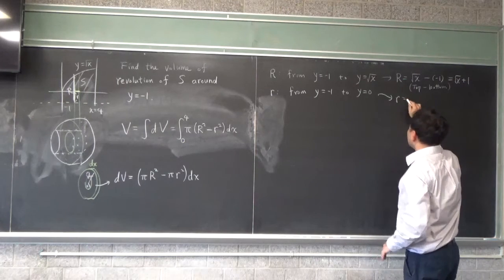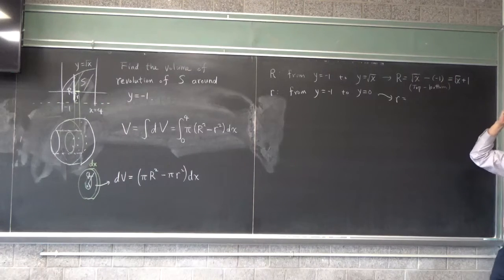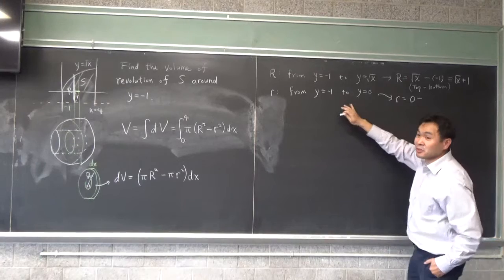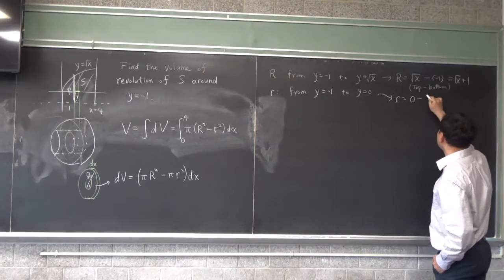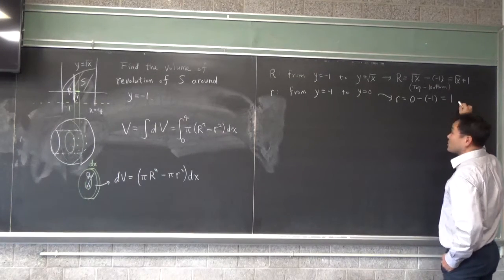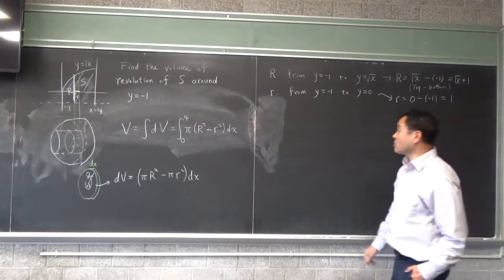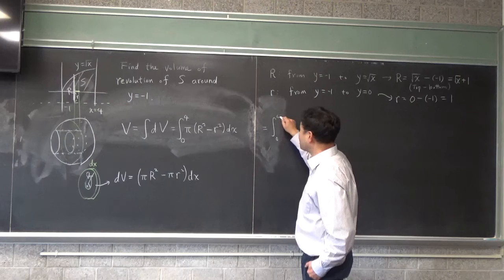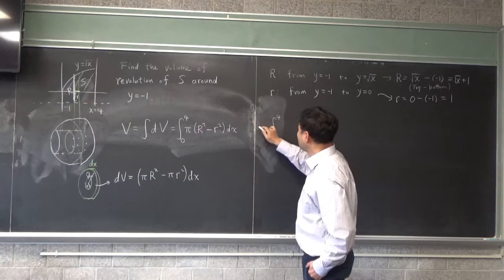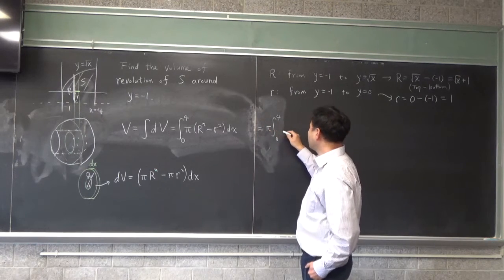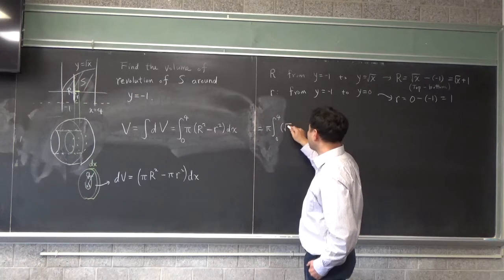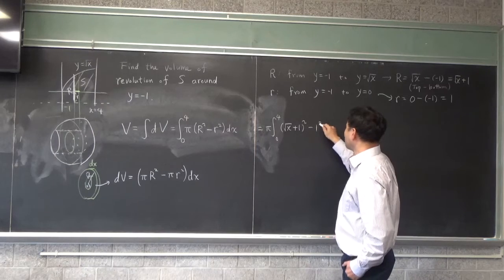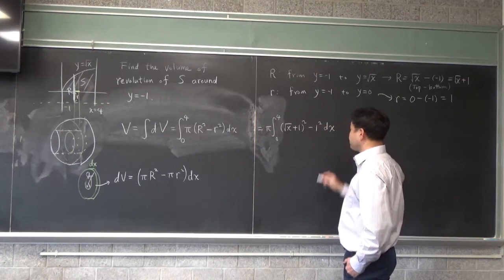How about small r? Top is 0, bottom is -1. It's positive 1. And now we're one step closer to getting the answer. It's pi times the integral from 0 to 4 of (square root of x plus 1) squared minus 1 squared dx.